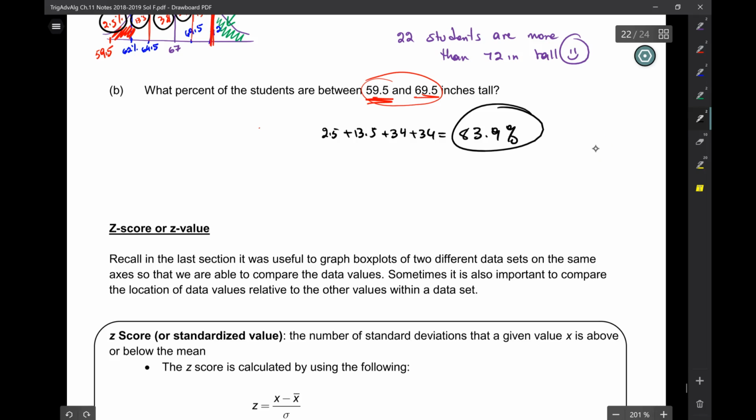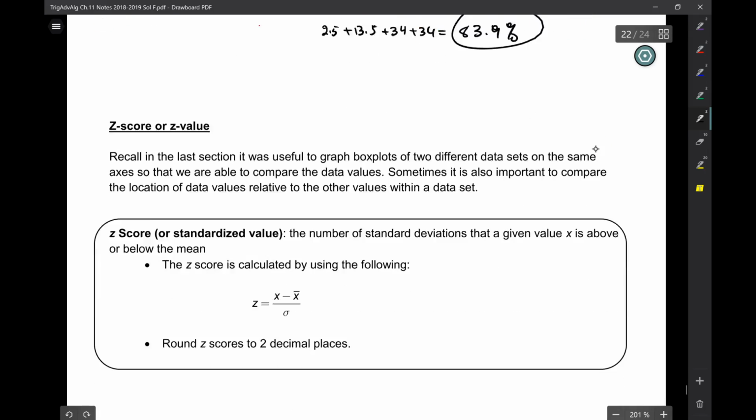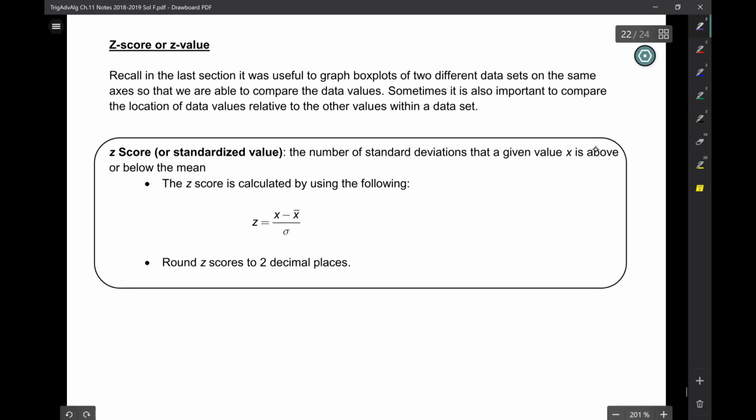Okay, next is z-score. Z-score is another way to measure normalcy of values, or how usual a value is. So the z-score is important to compare the location of data values within the data set.